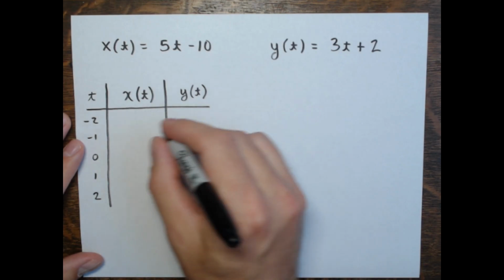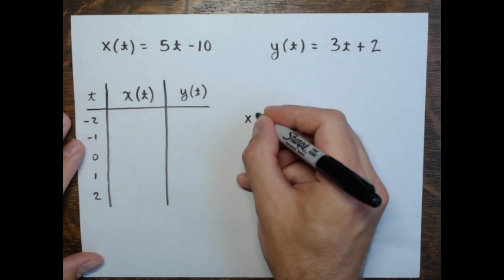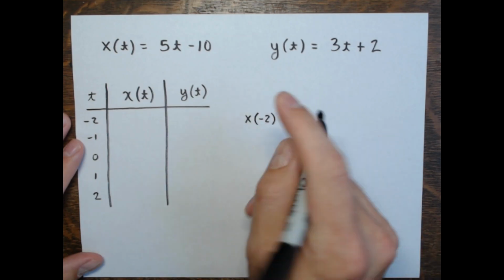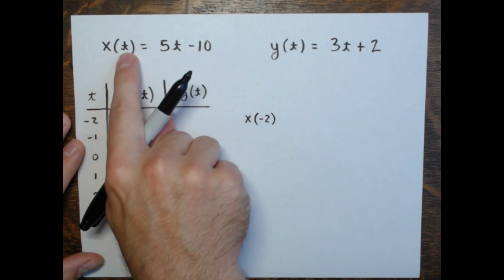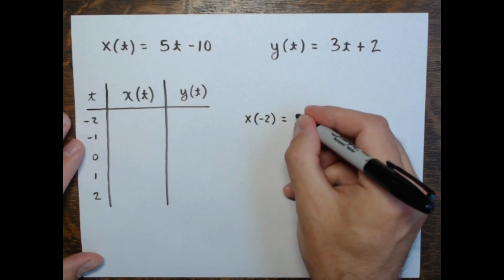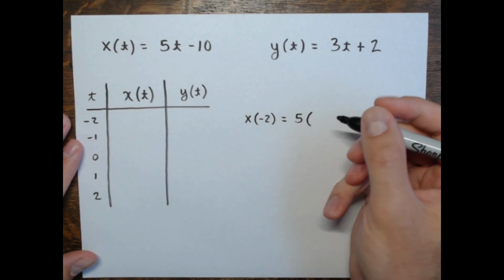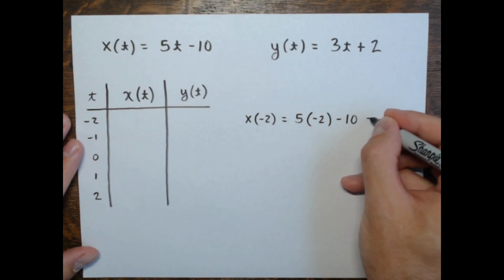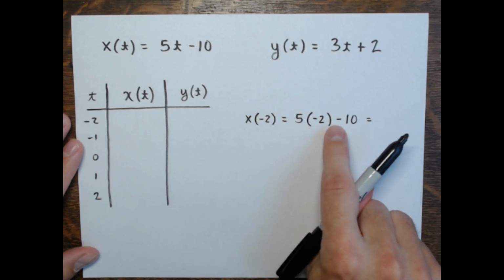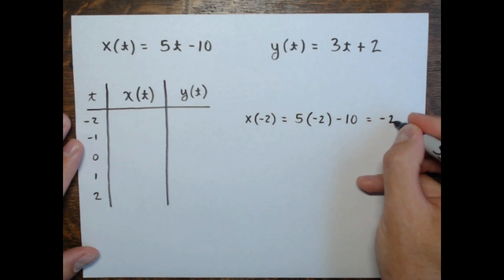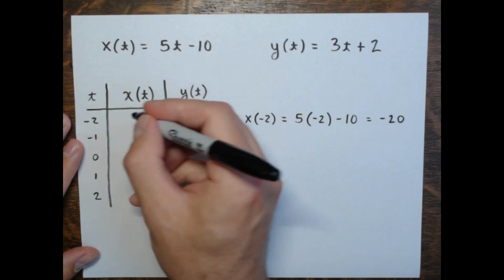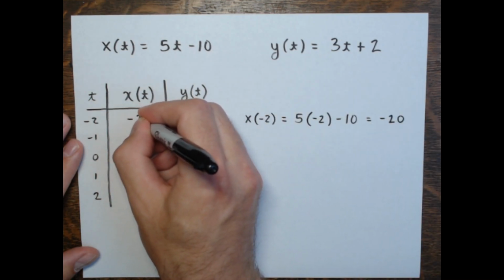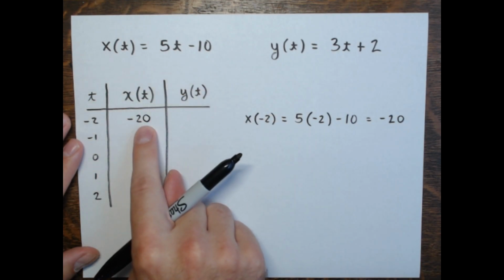So first row here, what's x when t is -2, right? So what's x of -2? Replace t with -2. It'd be 5 times -2 minus 10, and that'd be -10 minus 10, -20. So we have -20 for the x coordinate.